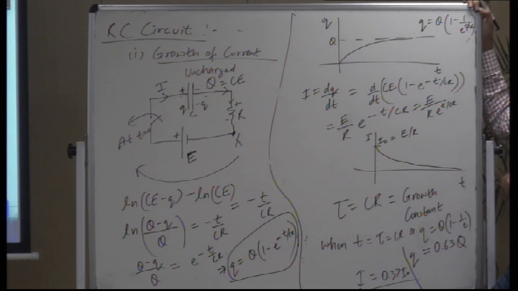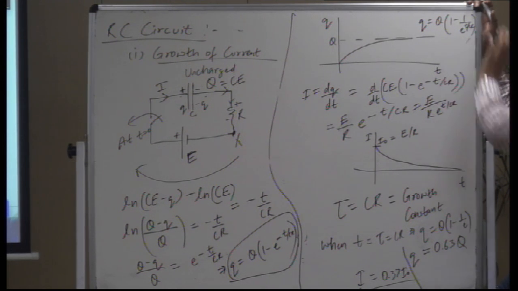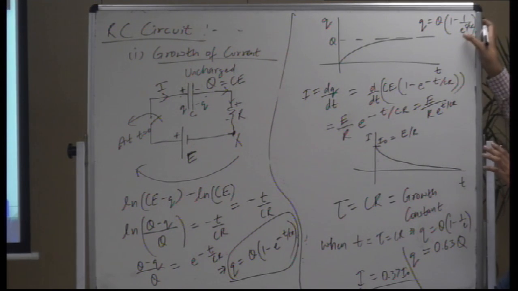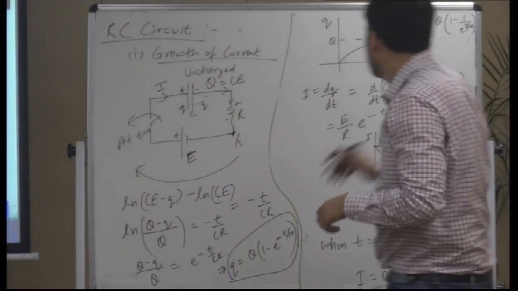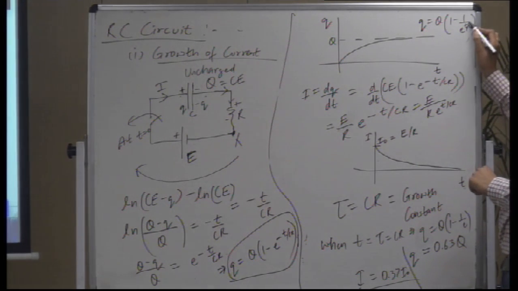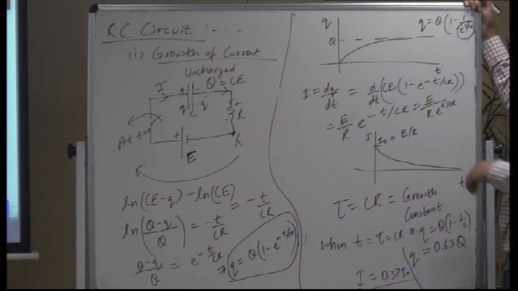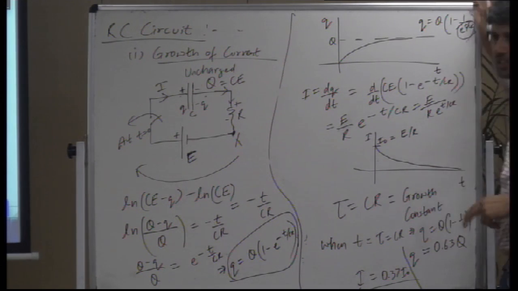Initially, when time was 0, e raised to power 0 is 1, so the thing becomes 1 minus 1, which is 0. As t increases, the denominator increases, the total value decreases and the difference increases.